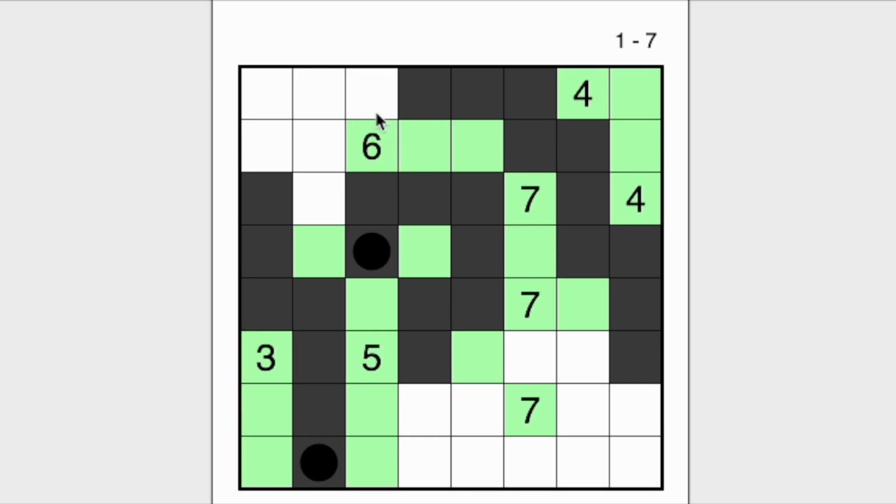So the snake must go west across the top now, and it's got to meet up with this snake over here, and I believe there's only going to be one way for that to happen, but let's prove it. So this cell right here can't be by itself because we've already used up our 1. It could go north. 2 hasn't been used up, so it could be 2, but that would make this 6 not be big enough.